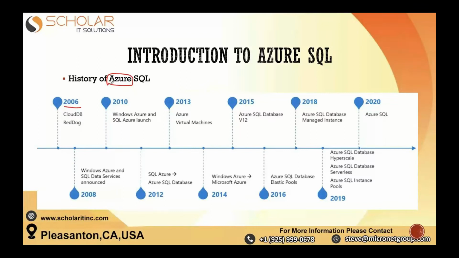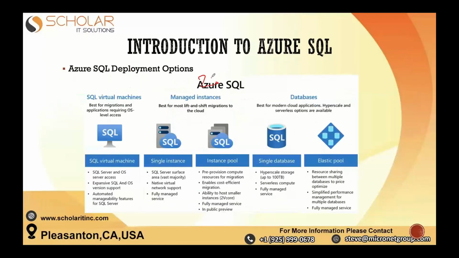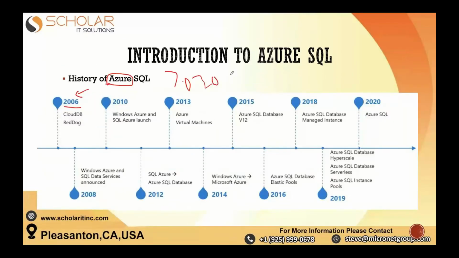Now, in the same 2006, Ray pulled in a senior architect from Microsoft called Peter Shapiro. That guy was responsible for the releases of SQL Server 7.0, 2000, and 2005. He was the chief architect for those releases.